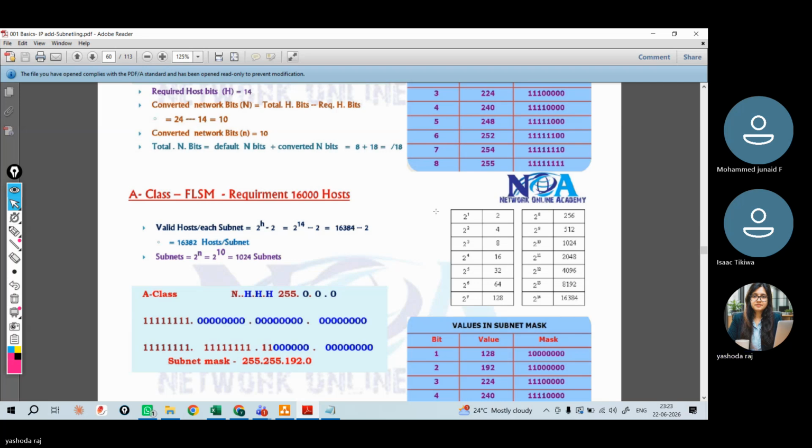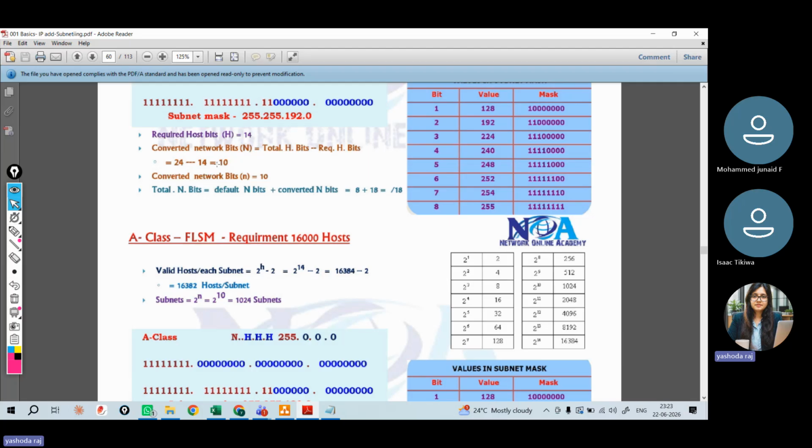Whereas here, converted, what is the 2 raised to value? 16. You can look into the formula. 24 minus 14, so 10 bits are the converted network bits.